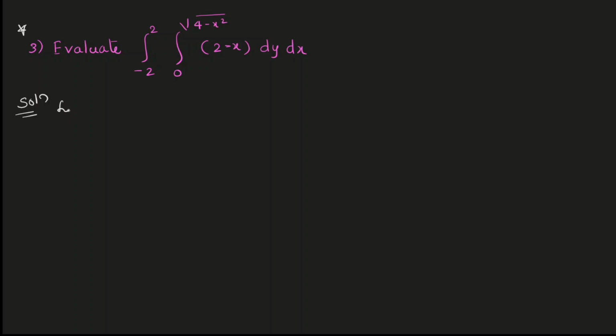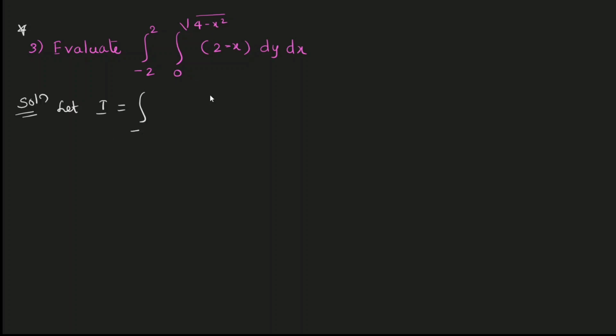So let I be equal to integration from minus 2 to 2. Now these are limits of x, it is dx, which means these are limits of x and these are limits of y: y from 0 to root 4 minus x square. The function is 2 minus x.